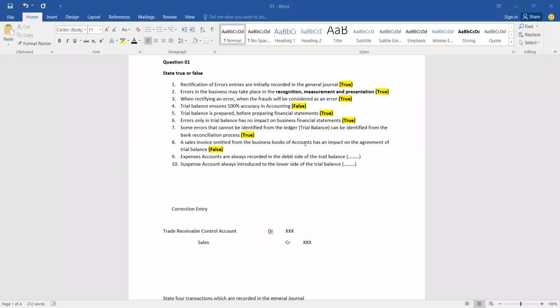Right. True කියලා කියනවා. Expenses account always having a debit balance.